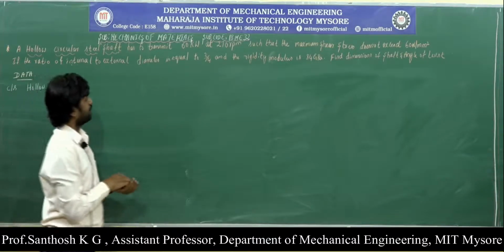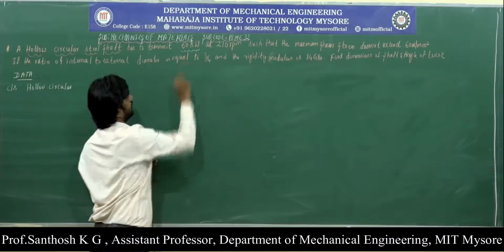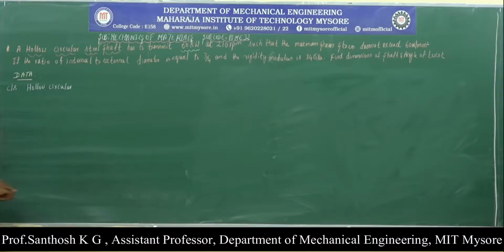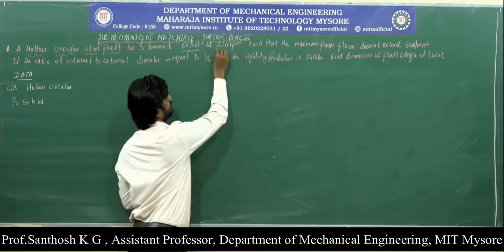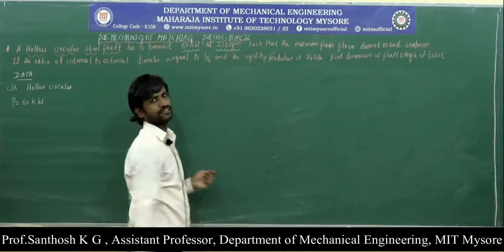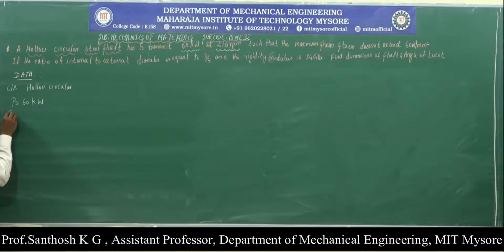Then the shaft needs to transmit 60 kilowatt power. So the power is denoted by P and its value is 60 kilowatt. Then the power is transmitted at a speed of 210 rpm. So the speed is denoted by N, its value is 210 rpm.